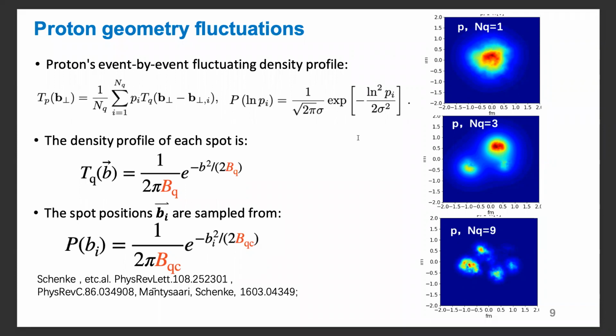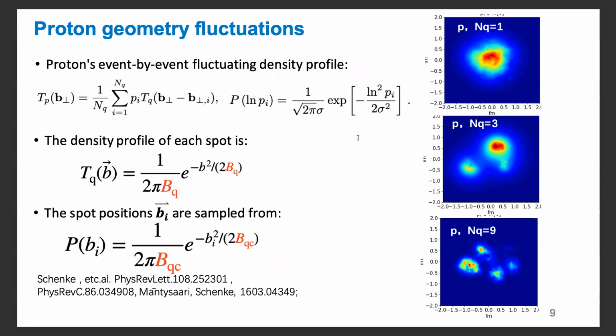For the density profile of each hotspot, we assume it is also a Gaussian, and we have another parameter named B_q. B_q controls the size of each hotspot, and the hotspot positions b_i are sampled from a third Gaussian. We have the parameter B_qc that roughly describes the proton size. In other words, we have the parameter sigma, the size of the hotspot, and the size of the proton.